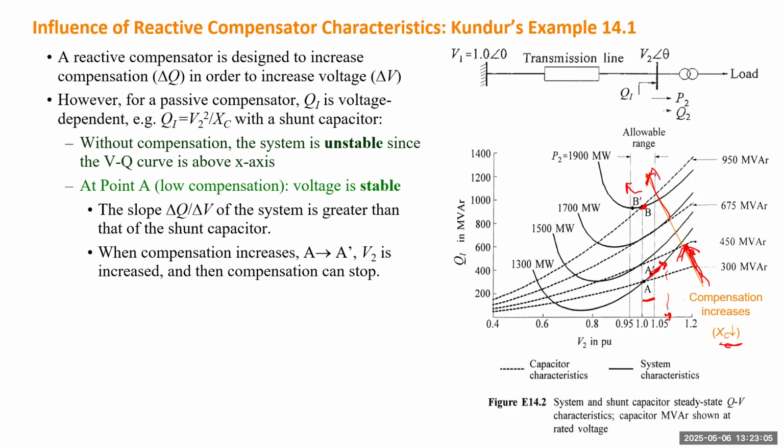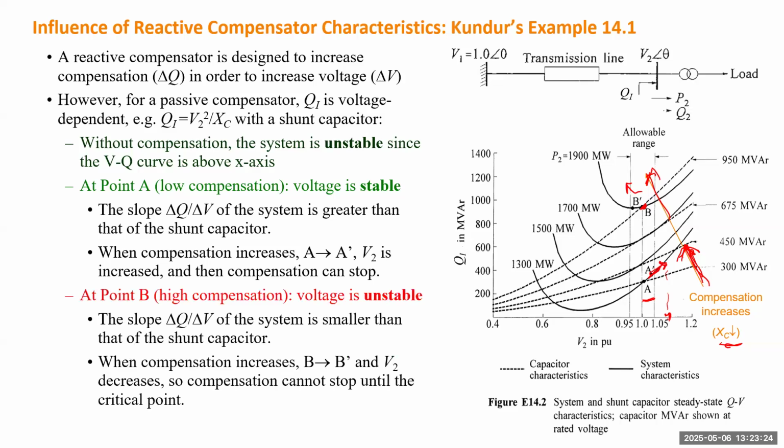So when you study the system with a var source which is not perfect, which is like a quadratic function of voltage, you do need to draw both characteristics and their intersection point, then compare the slopes of the two curves. You need to make sure the VQ curve has a higher slope.